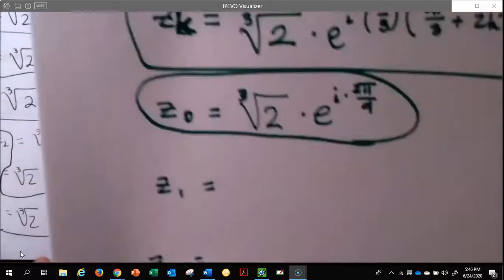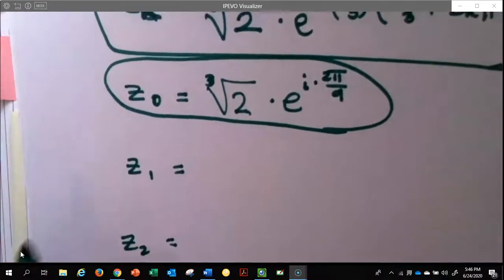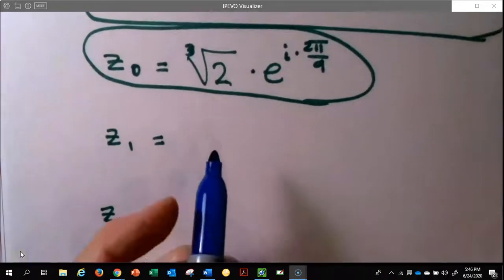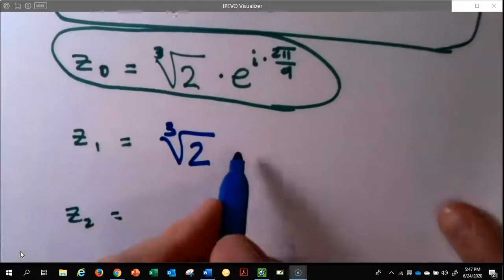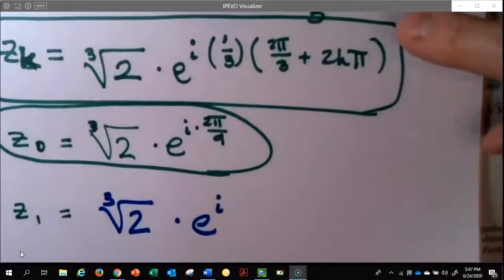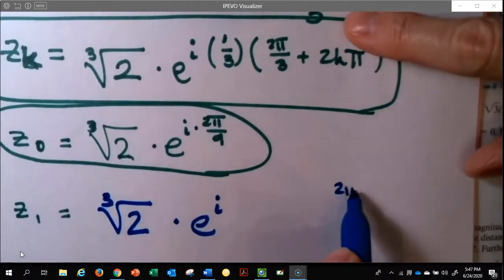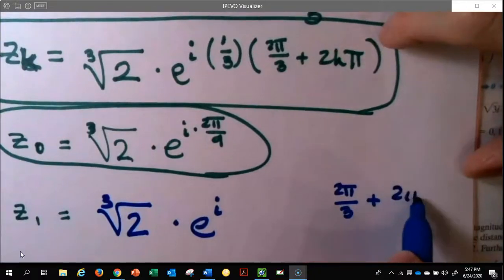We have 2 more. To find the other 2, I want to just leave it for you to do, but you can go ahead and hit pause right now and calculate it by yourself. That would be a really good idea, because the cube root of 2 is going to stay the same, times e to the I, and here we go up here. I'm putting in a 1, so that means I've got 2 pi over 3 plus 2 times 1, that's 2 pi.